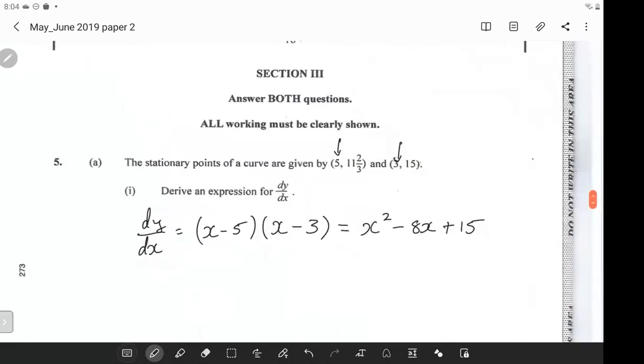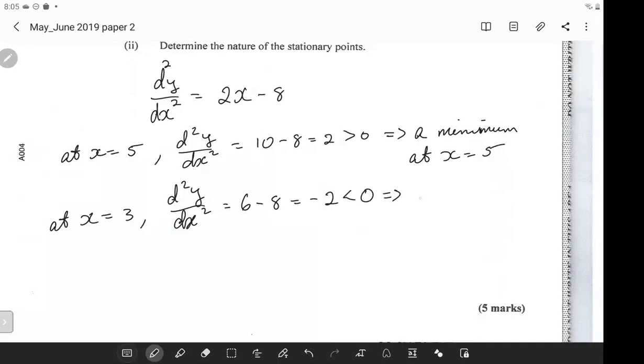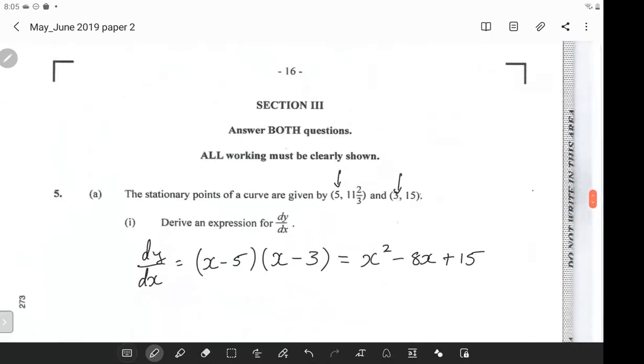And finally, if we substitute x equal 3, d2y dx squared is equal to 6 minus 8, which is equal to negative 2. And of course, that is less than 0, and that implies a maximum at x equal 3.